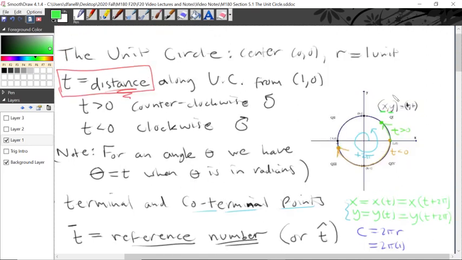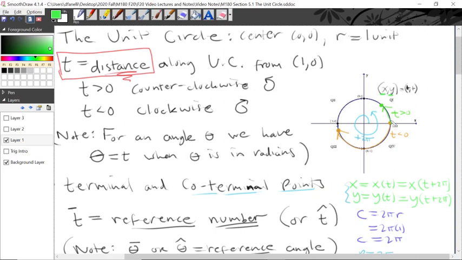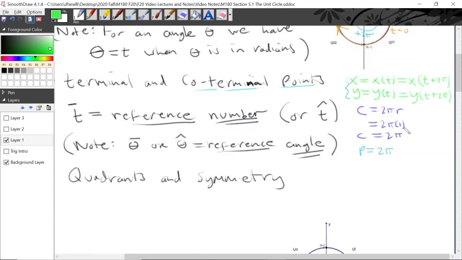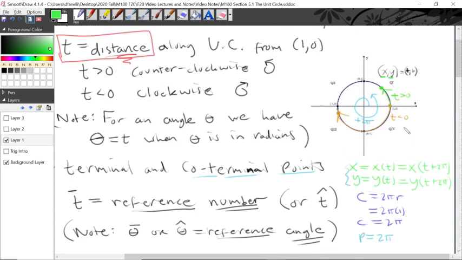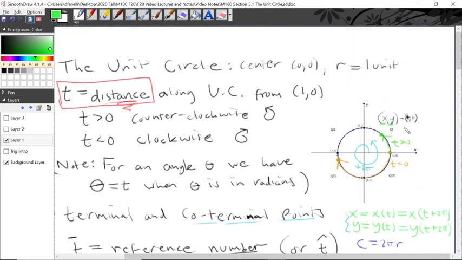Now, in general, the arc length, the length along a circular path, is usually called the variable s. So s would tell us in general what the distance is traveled along a circular path. We would use s if r was not specifically equal to 1.